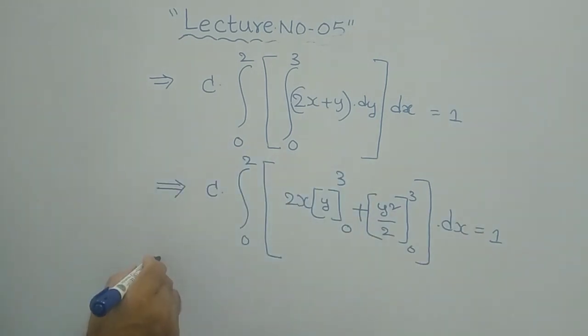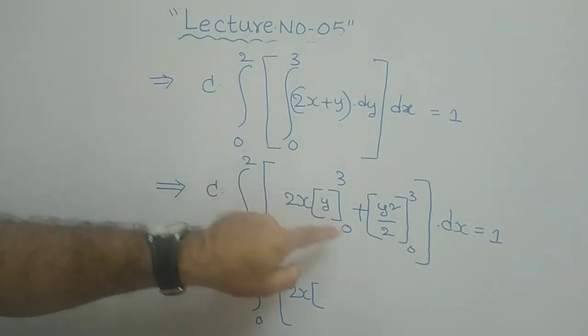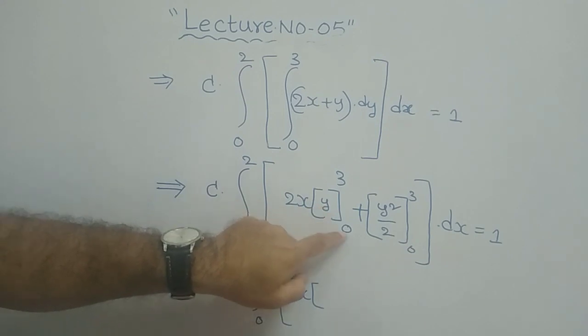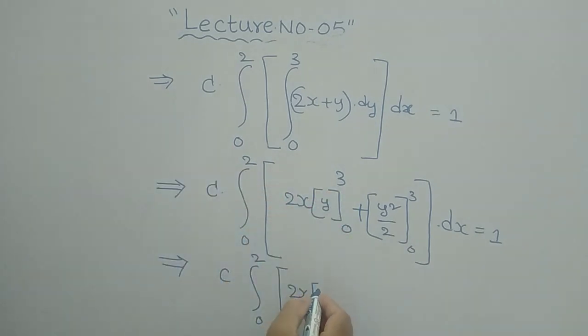Now if you simplify a little bit further, what you will get? So c you will keep here, and your 0 to 2 also keep like that only, and it is 2x. In place of y, substitute the upper limit minus the lower limit. If you substitute 3 here, 3 minus 0, upper limit minus lower limit, it is definitely 3.